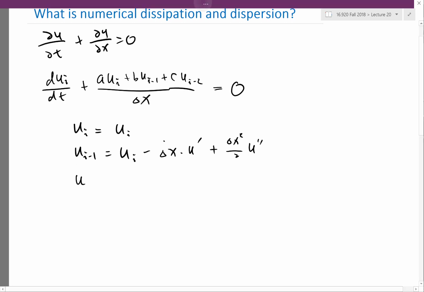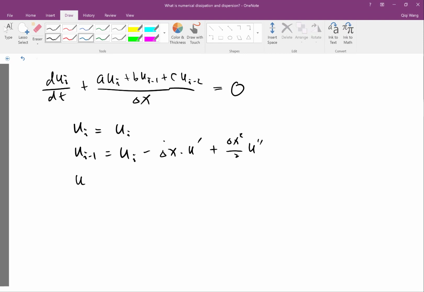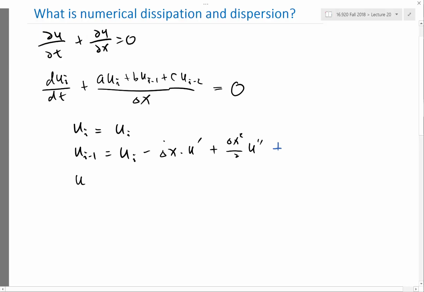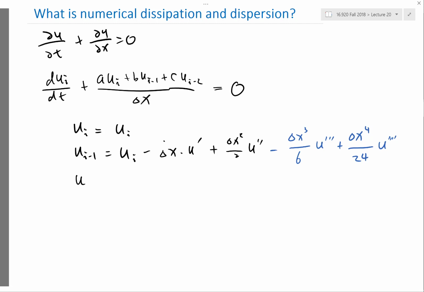But for the purpose of modified equation analysis, let's add another term, which is minus delta x cubed u third derivative over 6, and let's even expand further, delta x to the fourth u quad over 24, right? The blue terms are not necessary to derive the scheme, but they are necessary in figuring out what the modified equation is going to be.